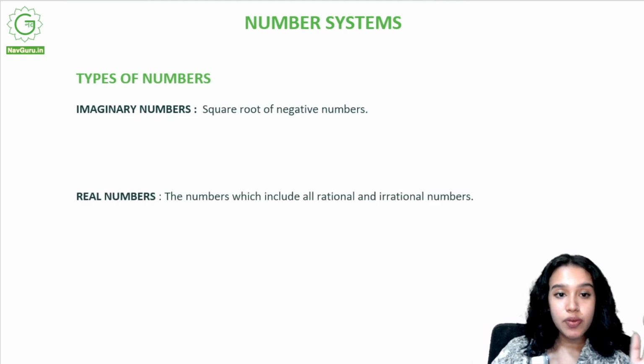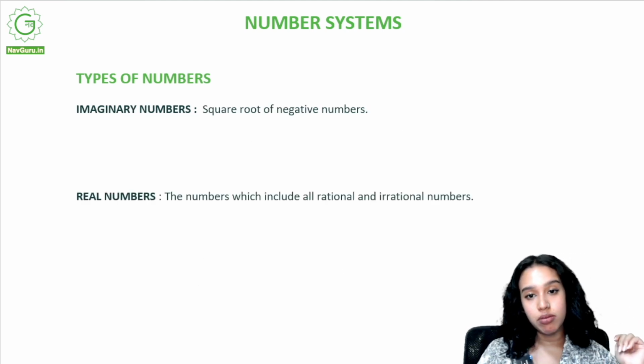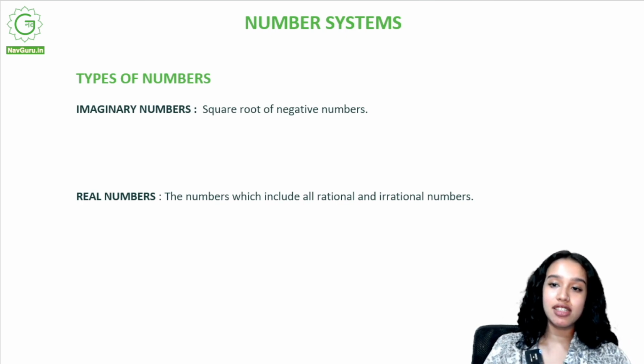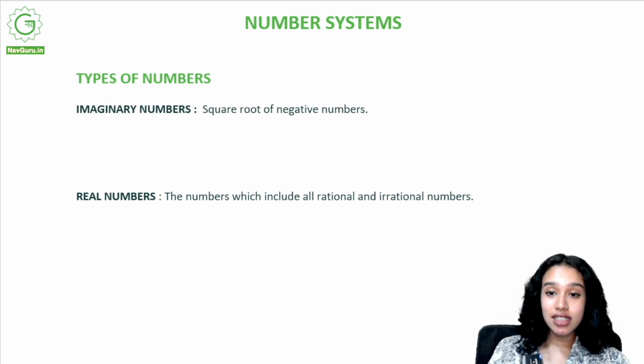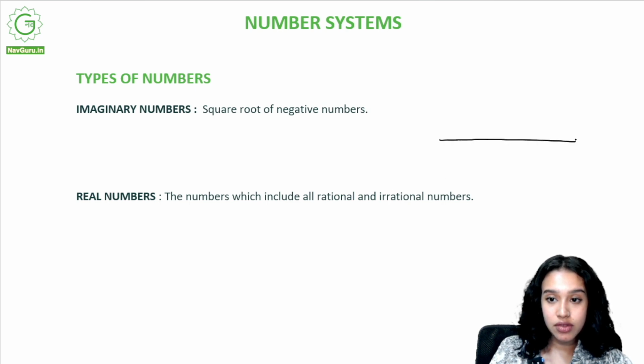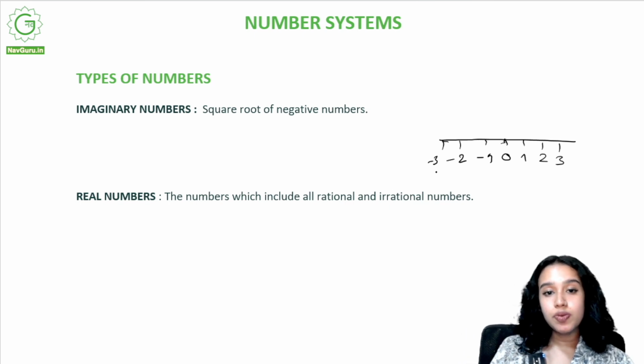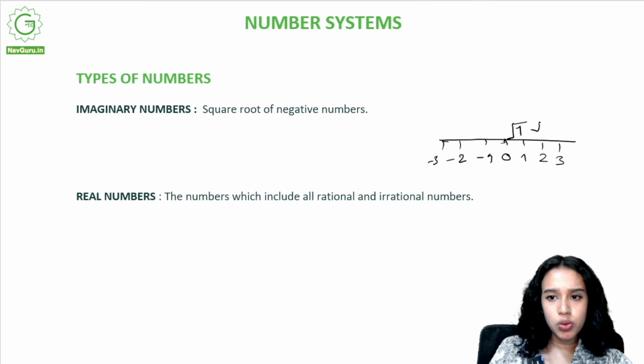So now we have imaginary numbers. What are imaginary numbers? This is getting interesting, because earlier I showed a number line where we had 0, 1, 2, 3, etc., and here we have -1, -2, -3, etc. We always knew the roots of all these numbers: root 1, root 2, root 3, root 4.